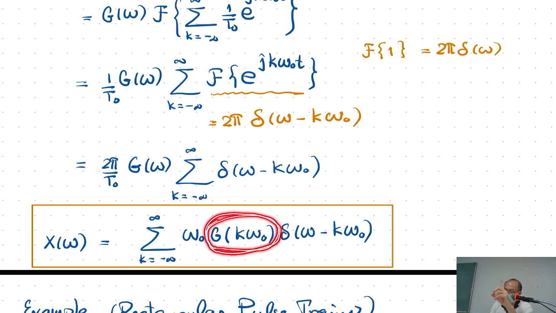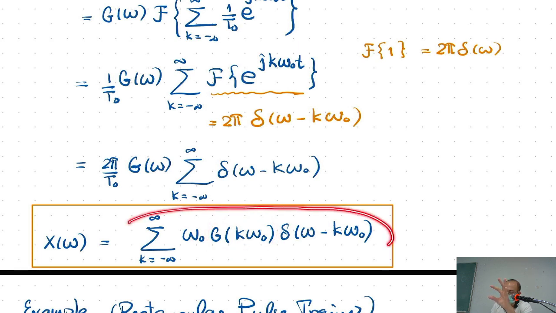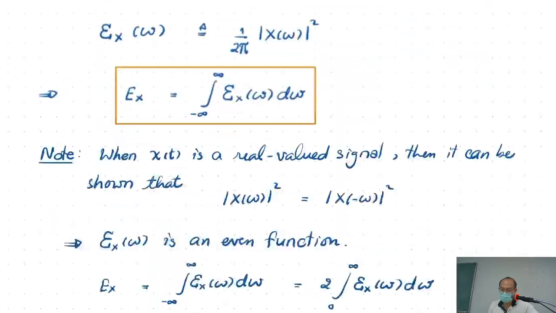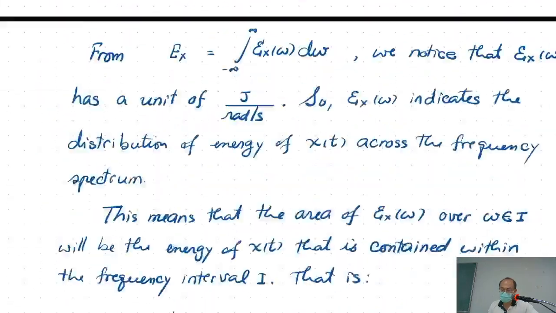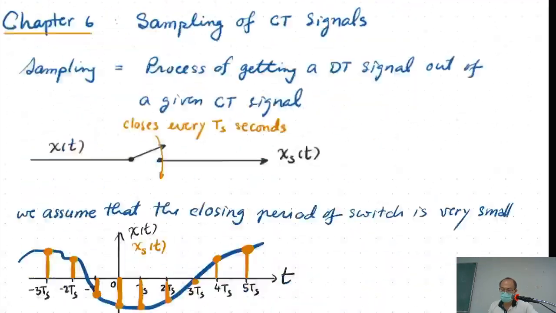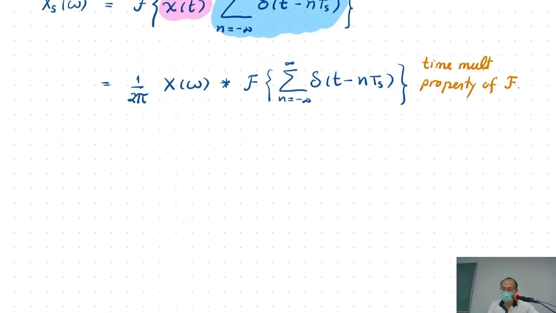The generating function of the impulse train is delta, and we know that the spectrum of delta is one. So we know that the Fourier transform of the impulse train is given by this equation, where this term has to be one. So I'm using this and plugging it into our equation here.